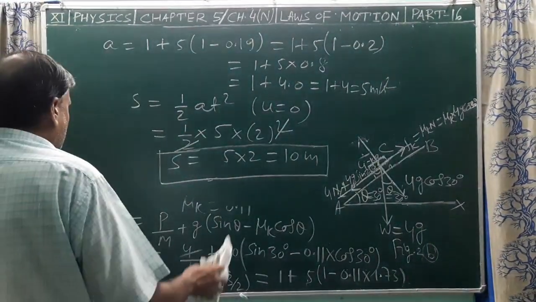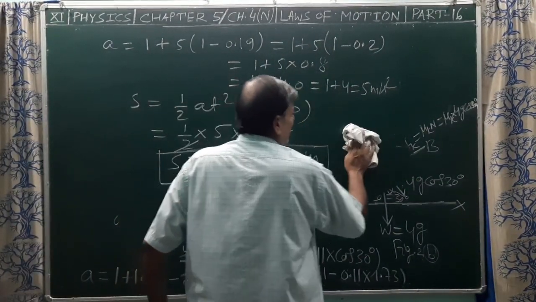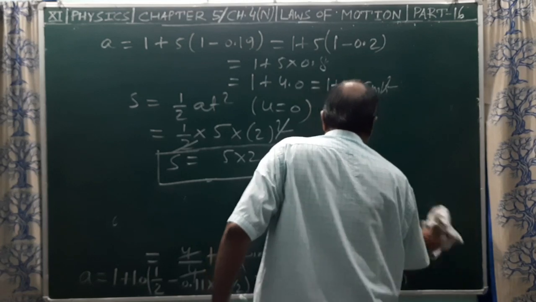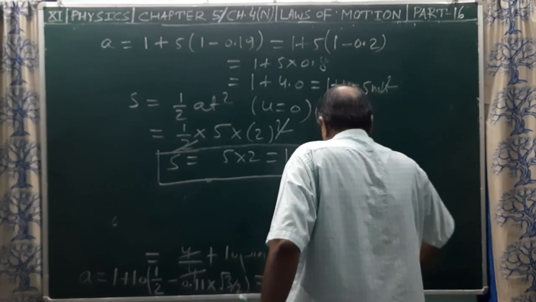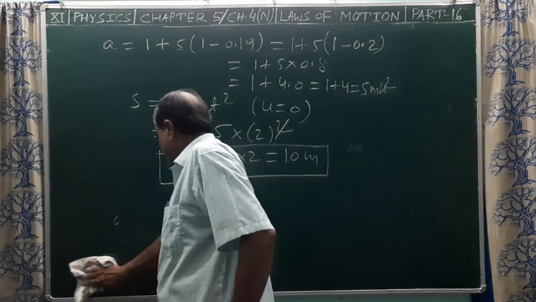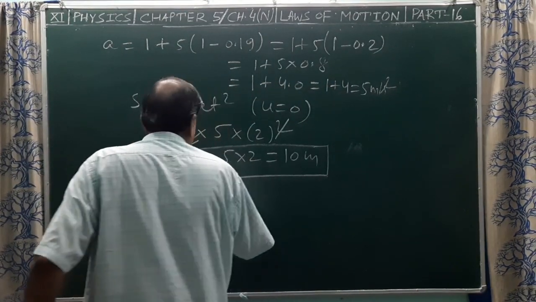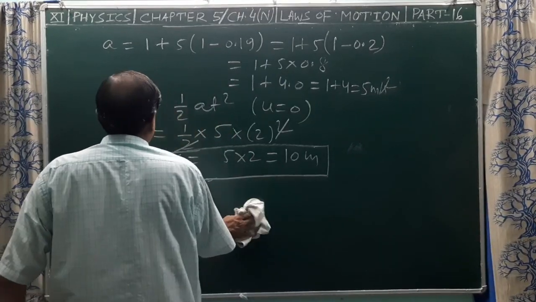Now in last we have to discuss upward motion of the block over a rough inclined plane, and we have to also obtain the minimum force needed to move the block up over a rough inclined plane, and also the upward acceleration of the block.